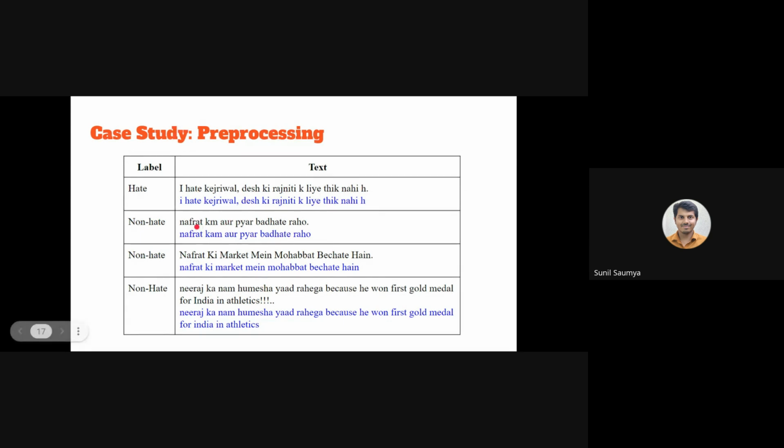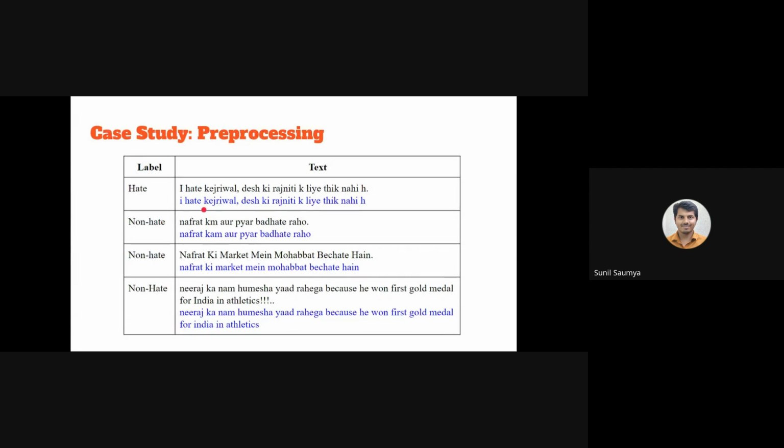Similarly, for the second sentence, "nafrat kam or pyar badhate raho", the same thing you can see here without the full stop. And here, the first character, which was in capital, we converted into small, and there is a reason for that. Hopefully all of you understand why we are converting the capital letter into small letter.